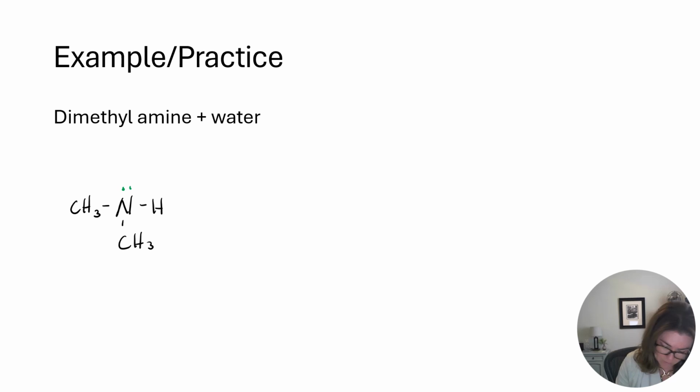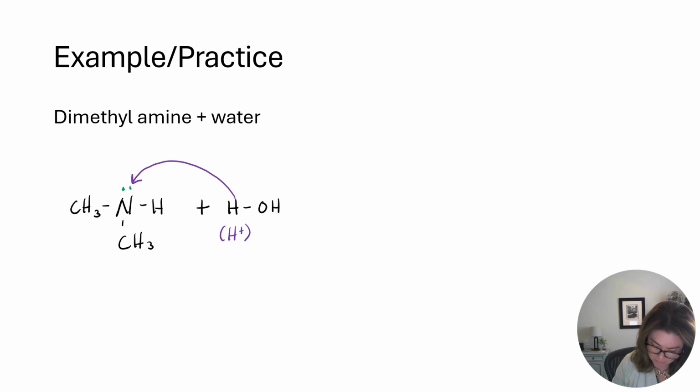Okay, we are going to react this with water. And I am going to break apart water just like it was given in the example. And that nitrogen is going to accept a proton, an H+, from the water.